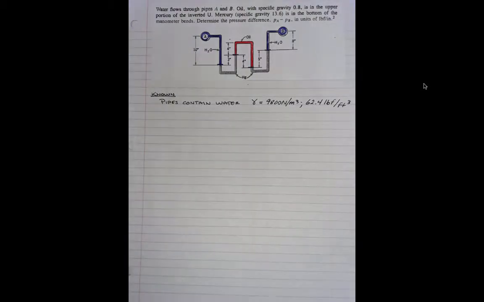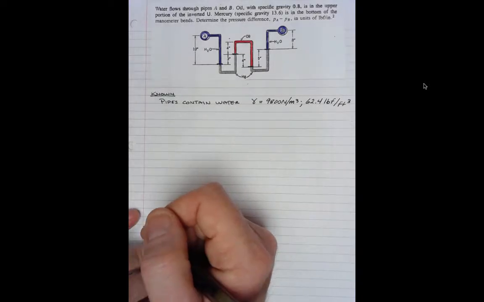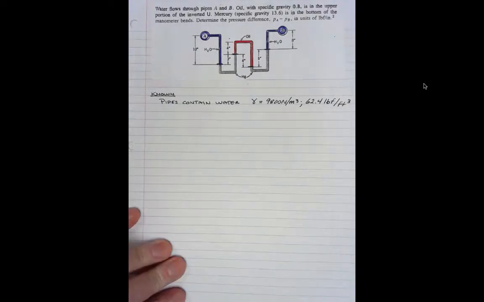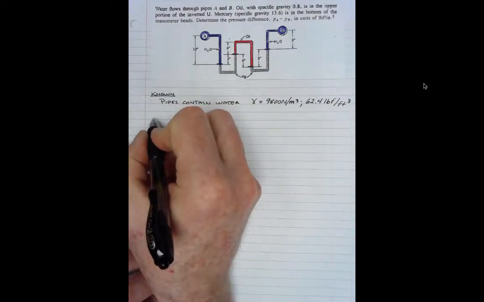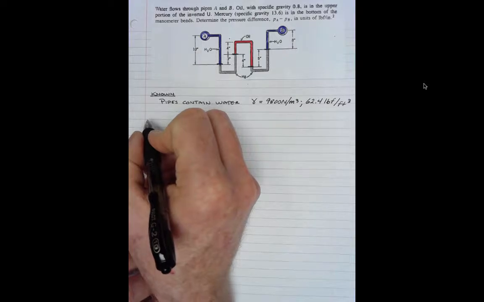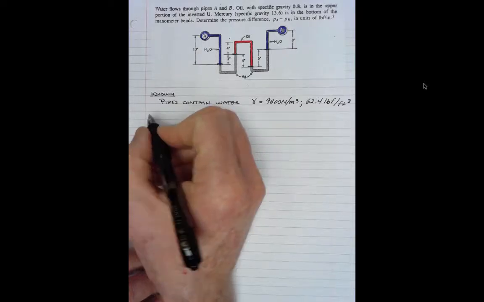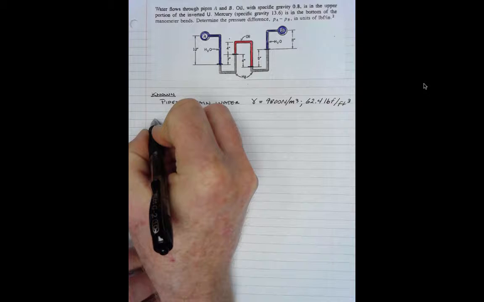We'll do it in U.S. customary units. This is one of the few problems that I haven't converted myself to SI, so bear with me for our German students who are pretty much SI only and don't have to deal with this goofy U.S. customary system.